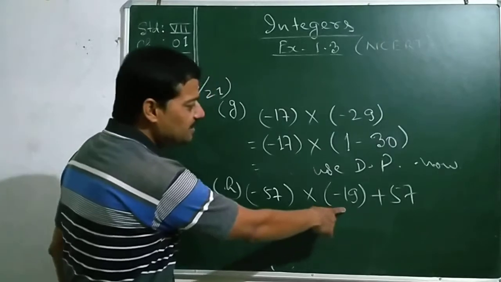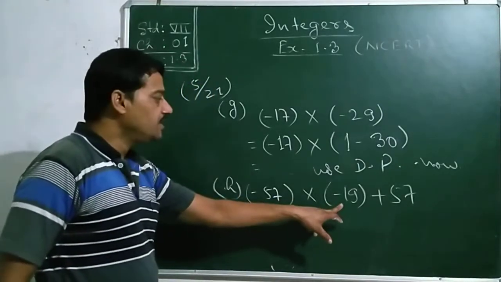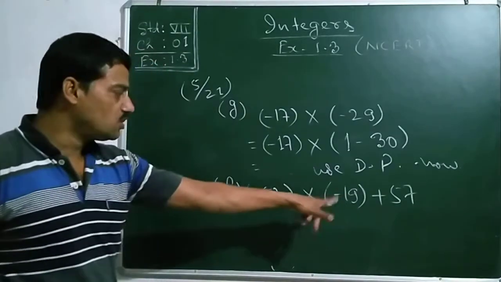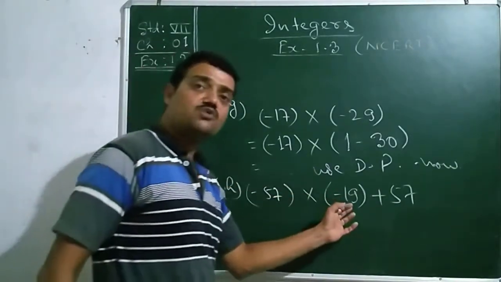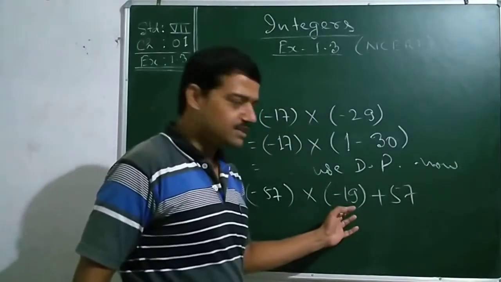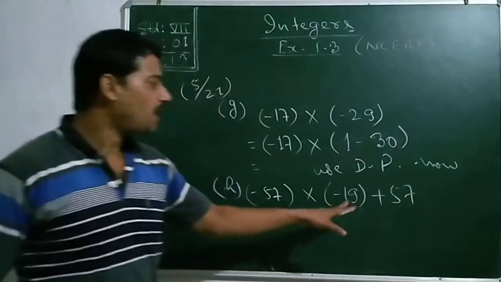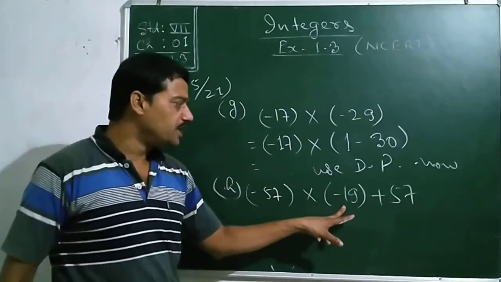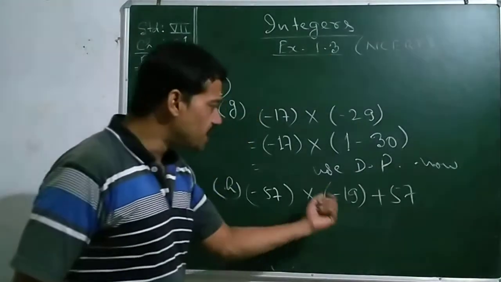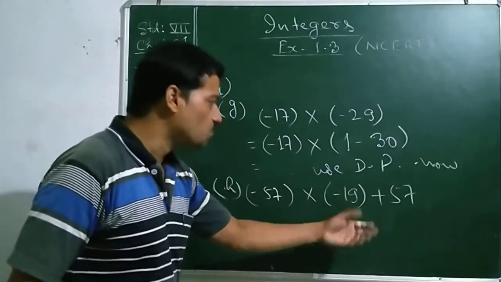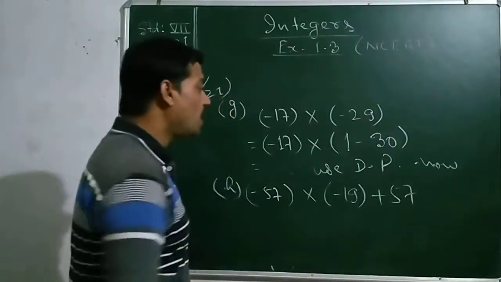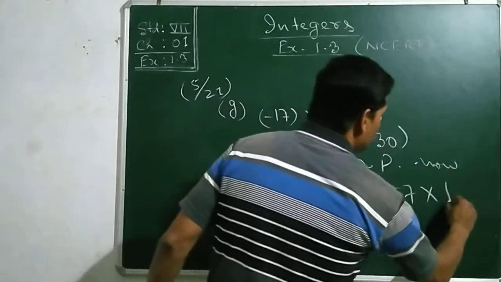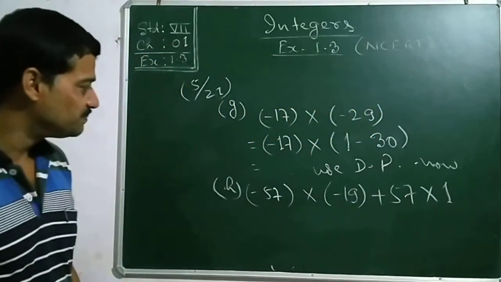But B number, that is minus 19. If we subtract 1 from this number, then this will turn to 20, and multiplication with 20 becomes very easy. Instead of multiplying by 19, you will find it convenient to multiply by 20. So to change the minus 19 into 20, we need 1, and that one can be used here. See how 57 into 1 if you write here, what happens?